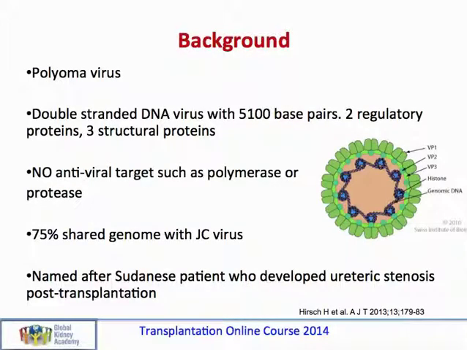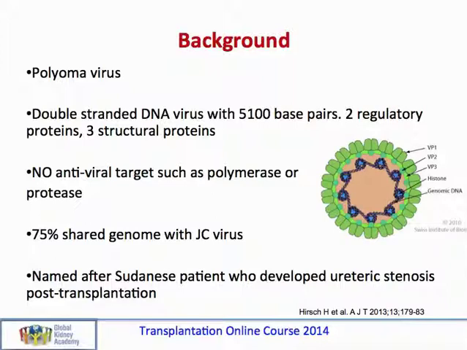So, what's a little bit of background about the virus? BK is a polyoma virus. It's a double-stranded DNA virus with 5,100 base pairs, and it's got 2 regulatory proteins and 3 structural proteins.